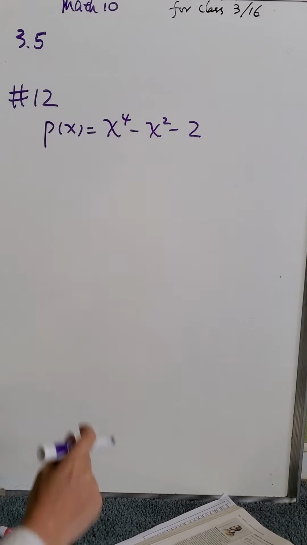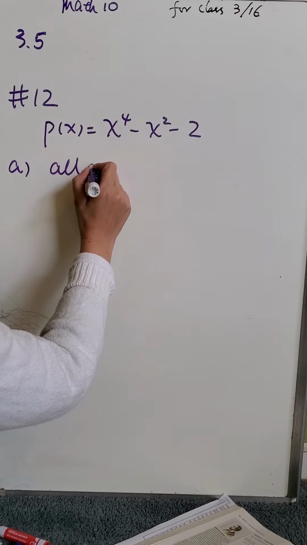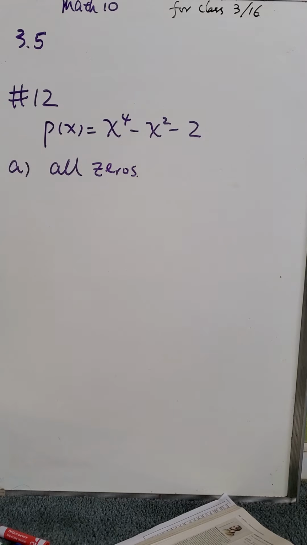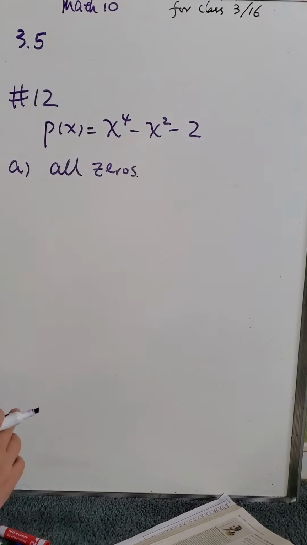They want you to find all zeros. When they say find all zeros, it means they want to solve for x. Right? This one is not that hard to solve, so we don't need to use 3.4.